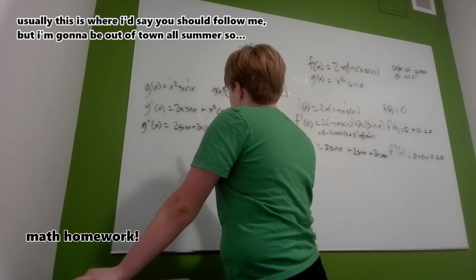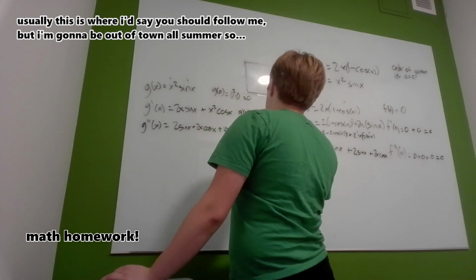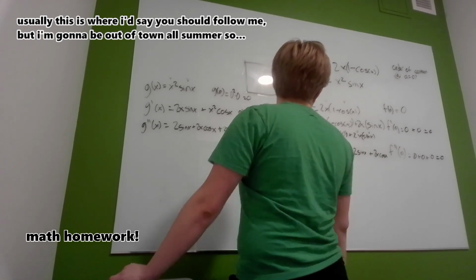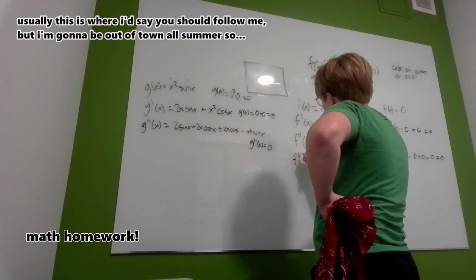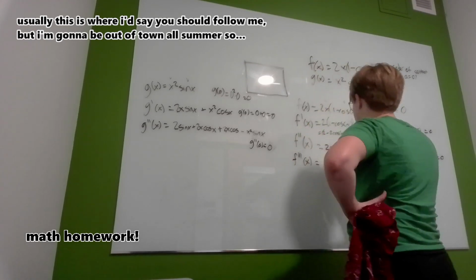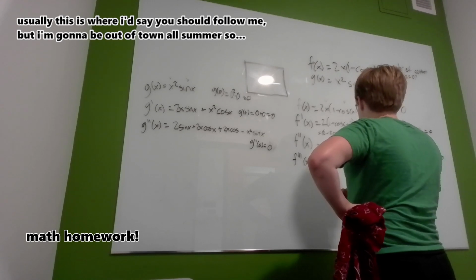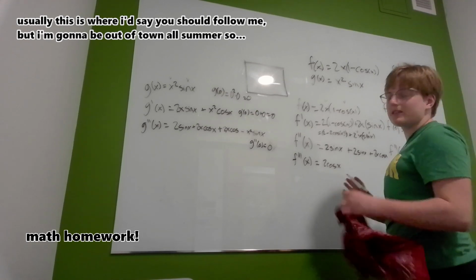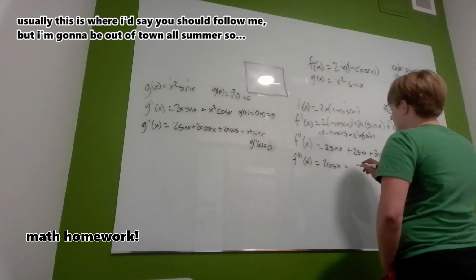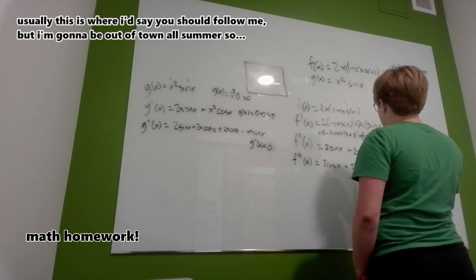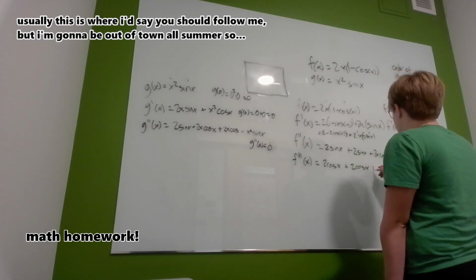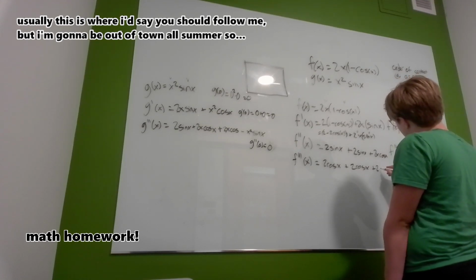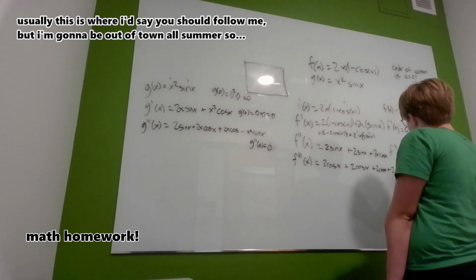Double prime 0, that's still 0, because that's up front. 0 plus 0. Okay, we're finally getting somewhere, because that turns into 2 cosine x, which is going to be a positive number for once. u prime v plus u v prime.